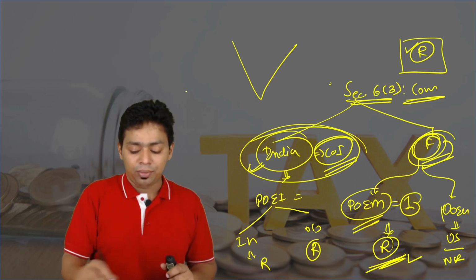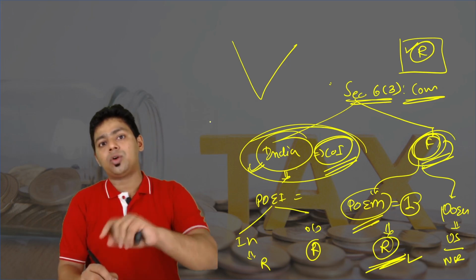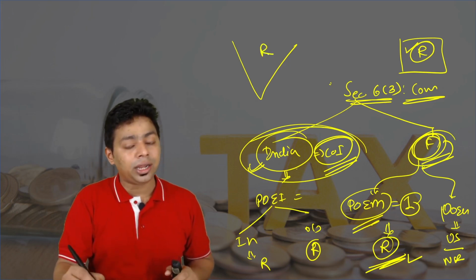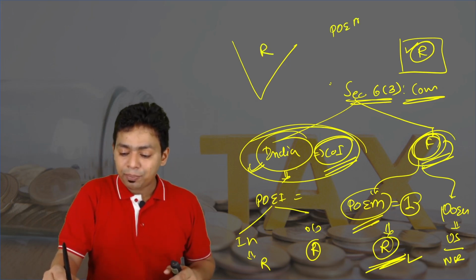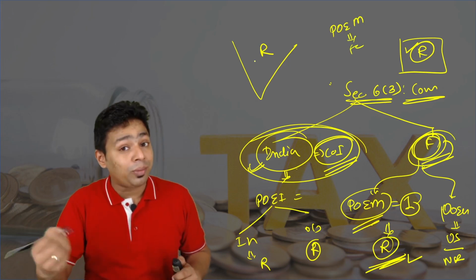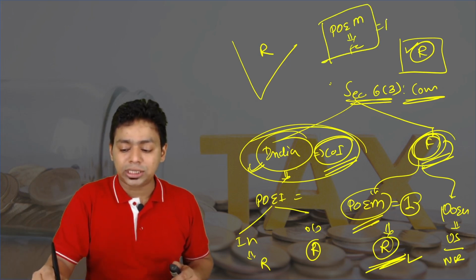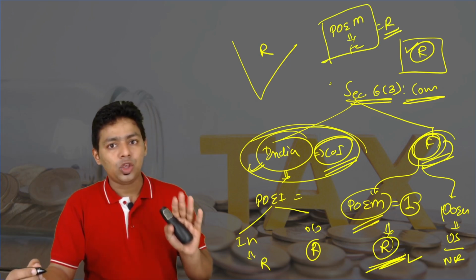At the same time, an entity incorporated in India is a resident in India, but if that Indian company is having POEM in a foreign country, according to the foreign country's rule it is also resident in the foreign country. You are getting this?